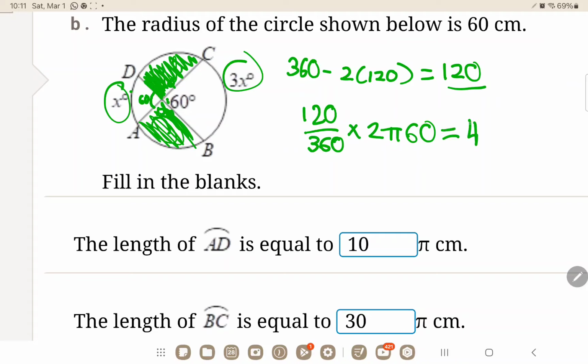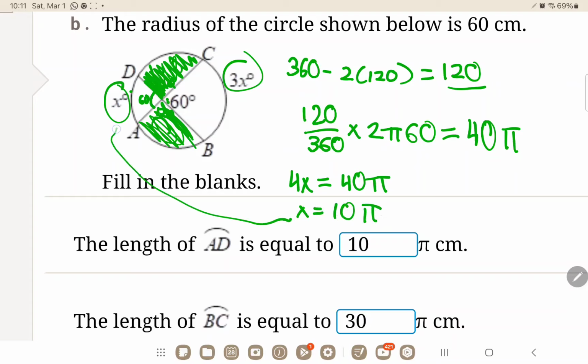It's giving us 40 pi. Okay? Now, we know that 4x equals 40 pi. So x equals 10 pi. So, if x equals 10 pi, then 3x equals 30 pi. And that's what it is, solved.